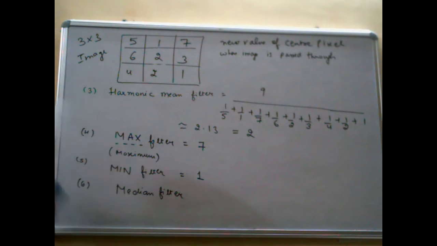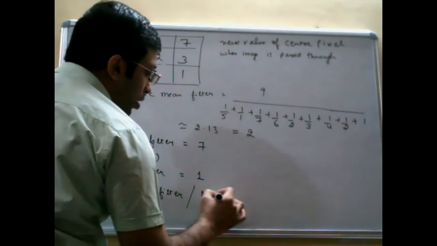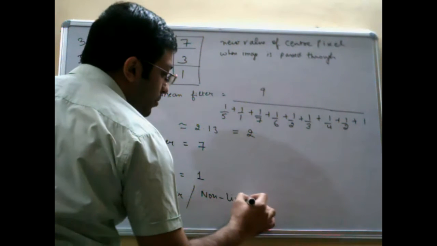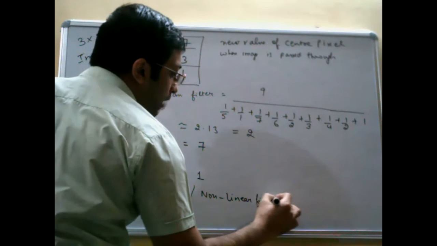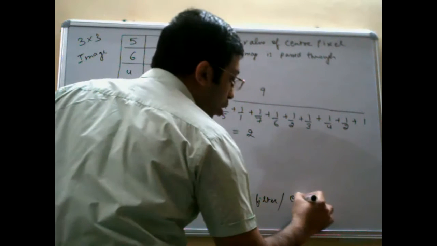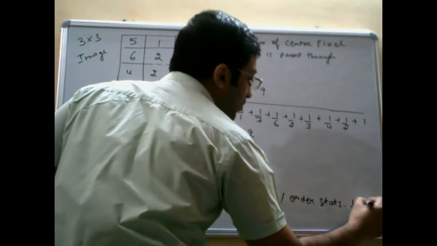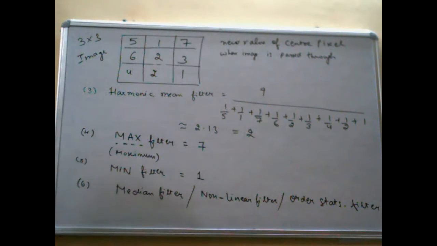Median filter has got various names. You should remember the names. It is either median filter, non-linear filter, and one more name I gave you in the class, that is known as order statistics filter. Just tell me what will be the result.